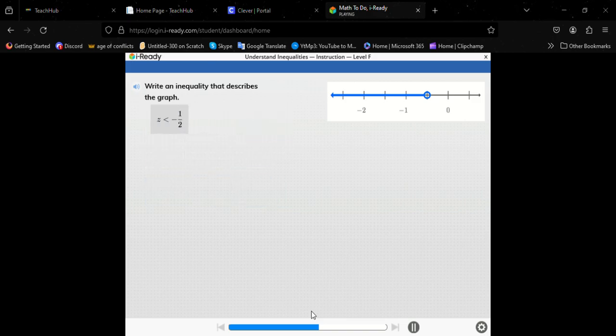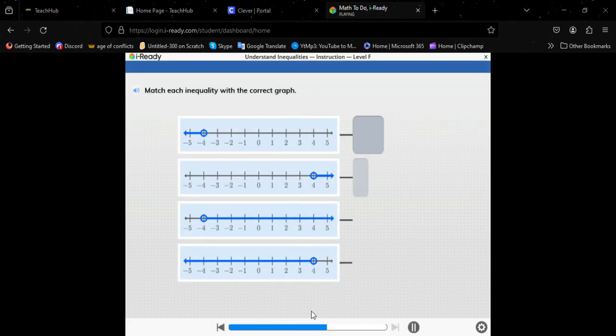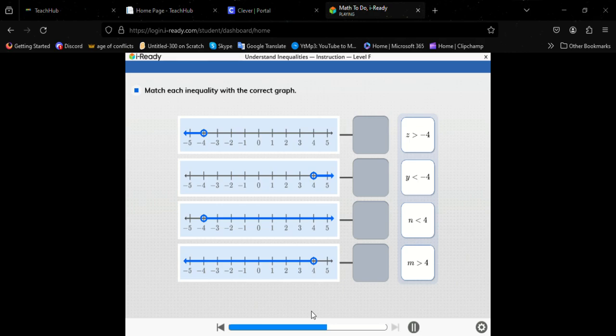Great! Match each inequality with the correct graph.